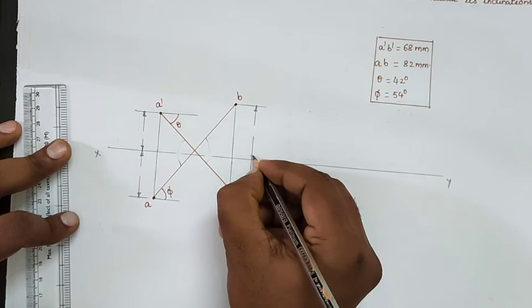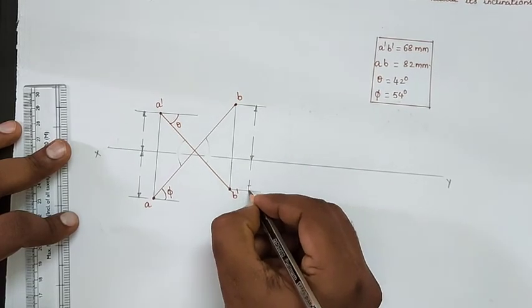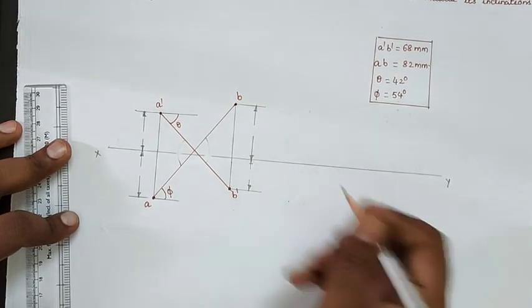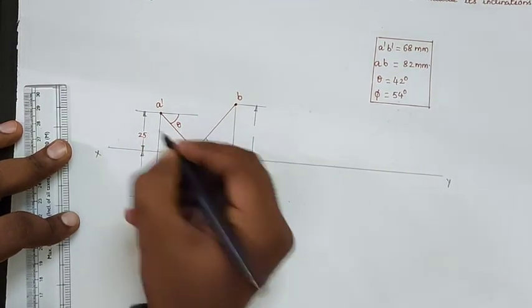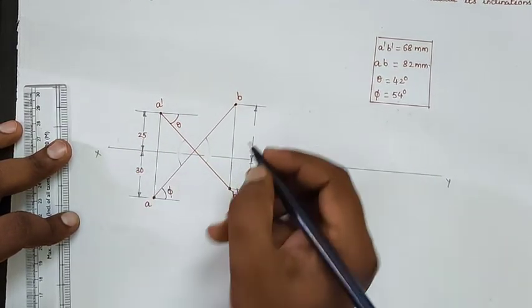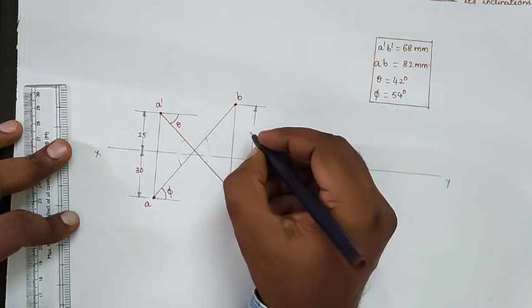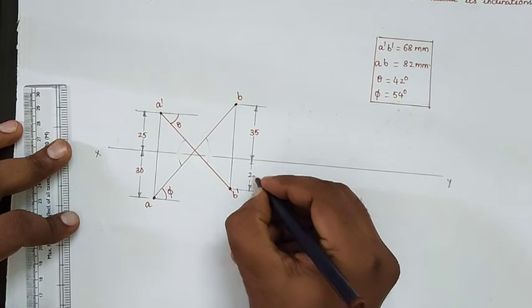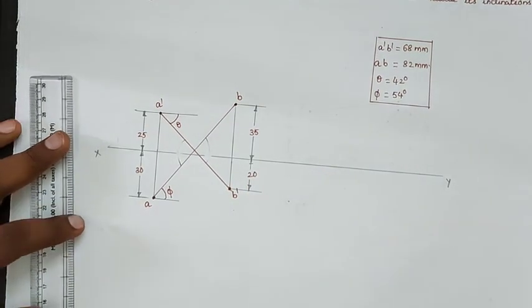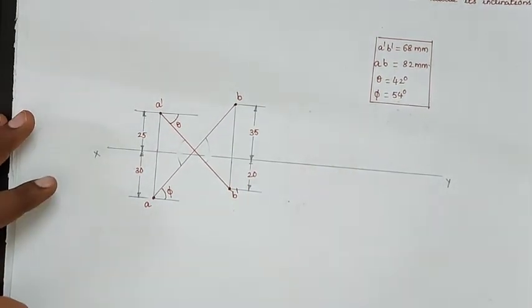They are giving that this dimension is 25 mm above and 30 mm in front of the VP, and this dimension is 35 mm behind the VP and 20 mm below the HP. Like that we can solve the problem.